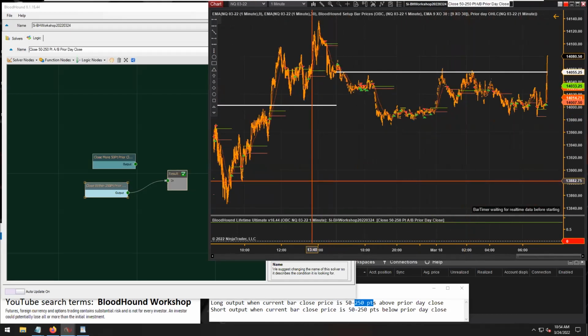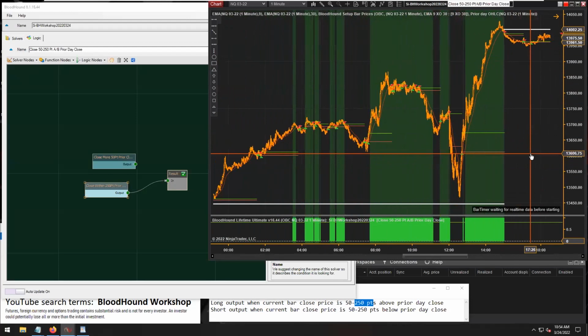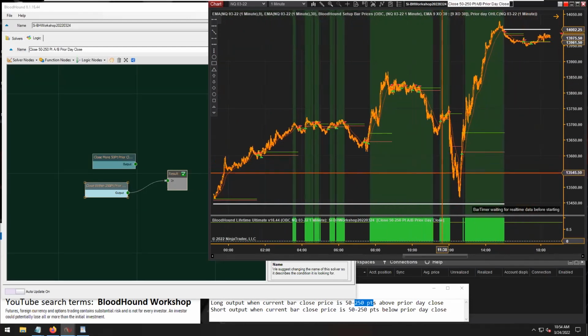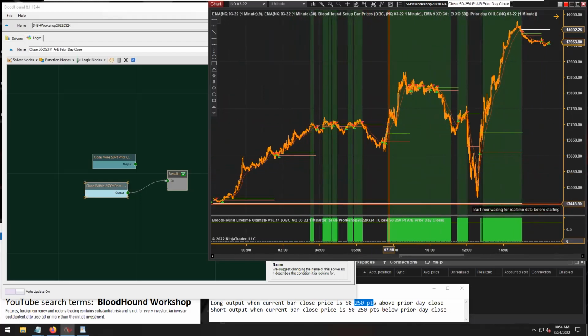I wonder if we're going to get any examples. Oh, look at that. Wow. Now, the white line is the prior close, and we can see that we're getting an output here.